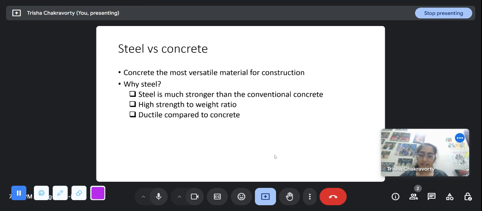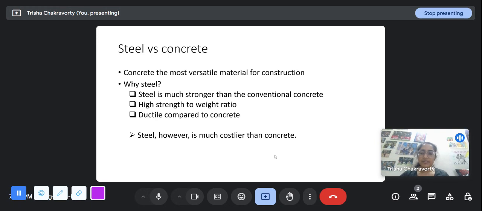Ductility means that the material gives a lot of warning before actually collapsing, and that is a very important criterion in design. However, steel is much costlier than concrete, so we do not use it in everyday or less demanding structures like residential buildings, but we use it in bridges, in factory structures, and in towers, for example.